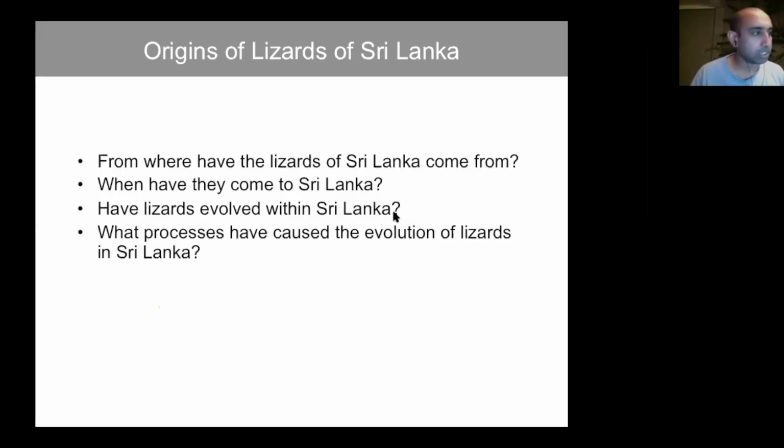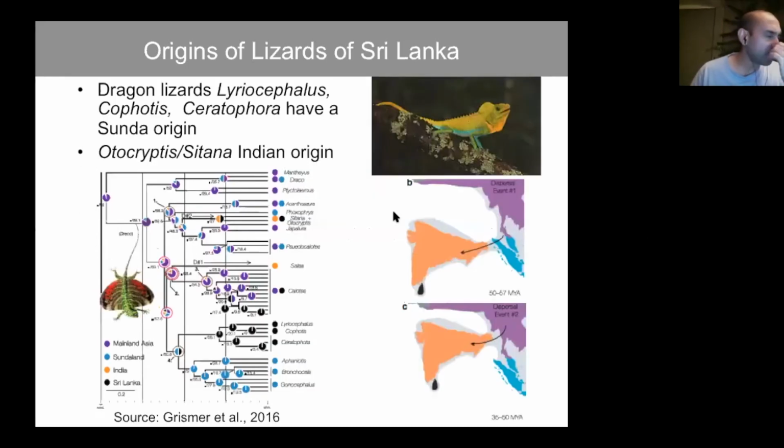So I'm going to take some examples that have actually answered these questions. So one study is on the origins of the genera Lyriocephalus, Cophotis, Ceratophora, and of course Otocryptis and Sitana. So the former three genera, Lyriocephalus, Cophotis, and Ceratophora, interestingly seem to have a Sunda origin. Right?